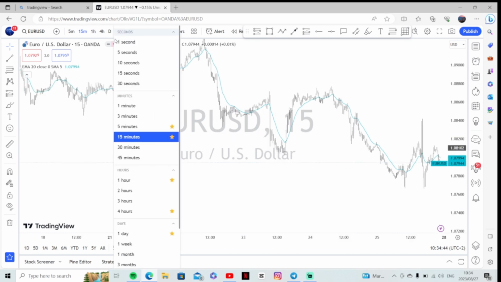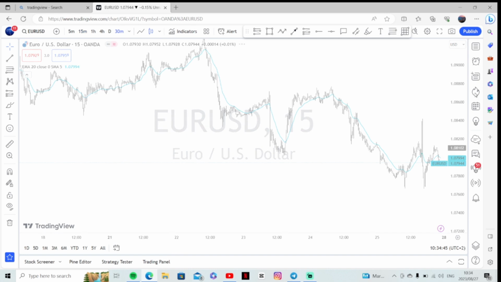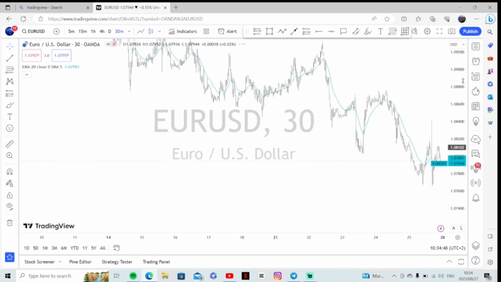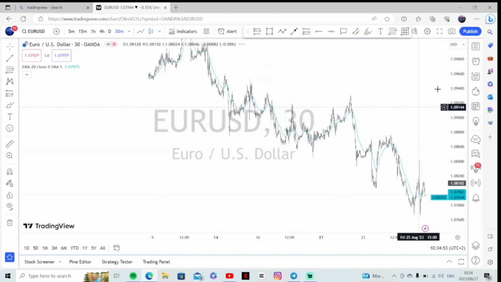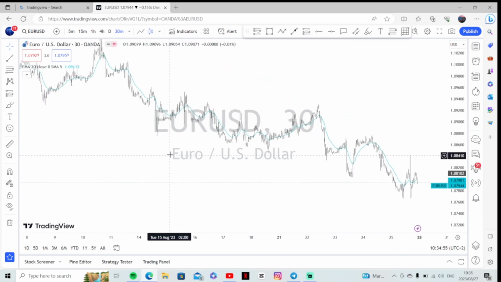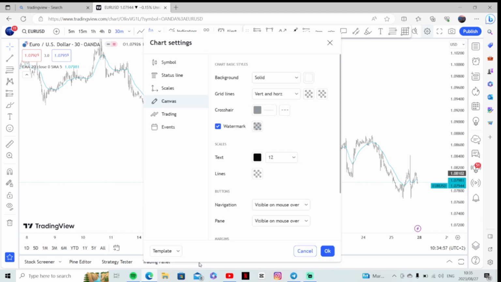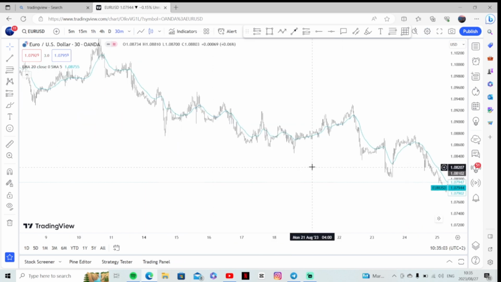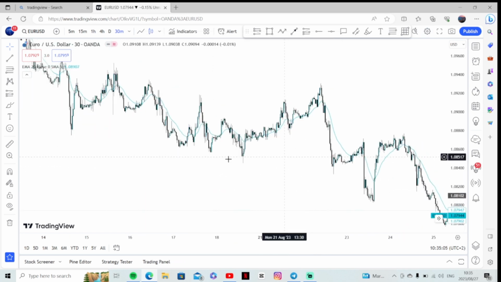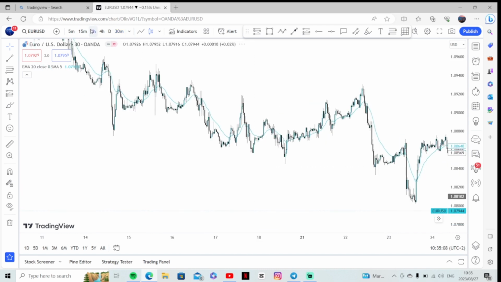I'd like to start off on the 30-minute chart, then check the 4-hour chart. Can I remove this watermark because it's disturbing my eyesight? Okay, let me make it a 1-hour time frame.